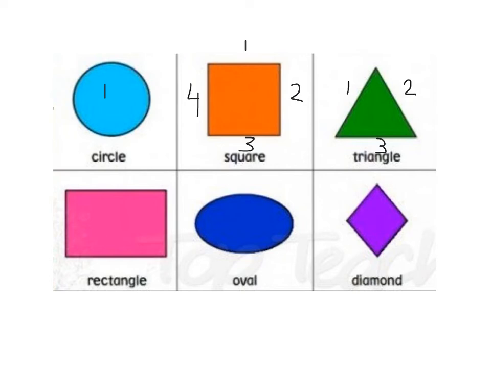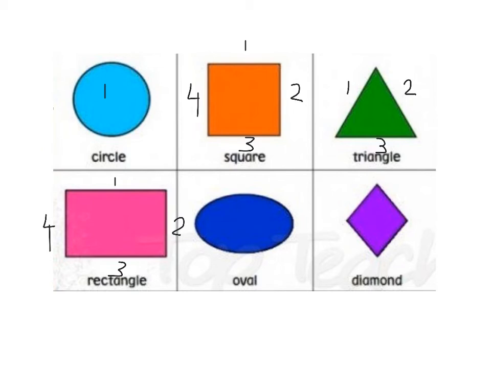Moving on to the beautiful pink rectangle. How many sides do we see there? How many do you see? Count with me. 1, 2, 3, 4 sides to the rectangle. Move on to the oval.